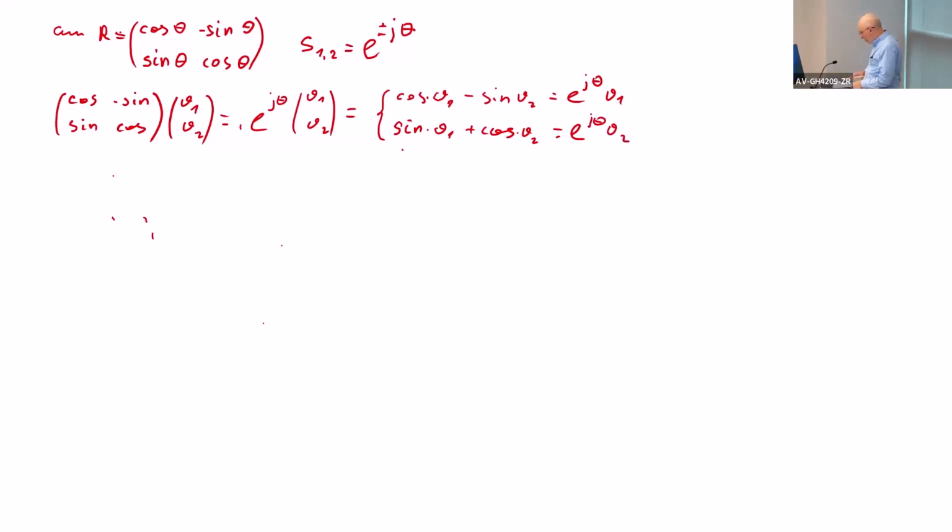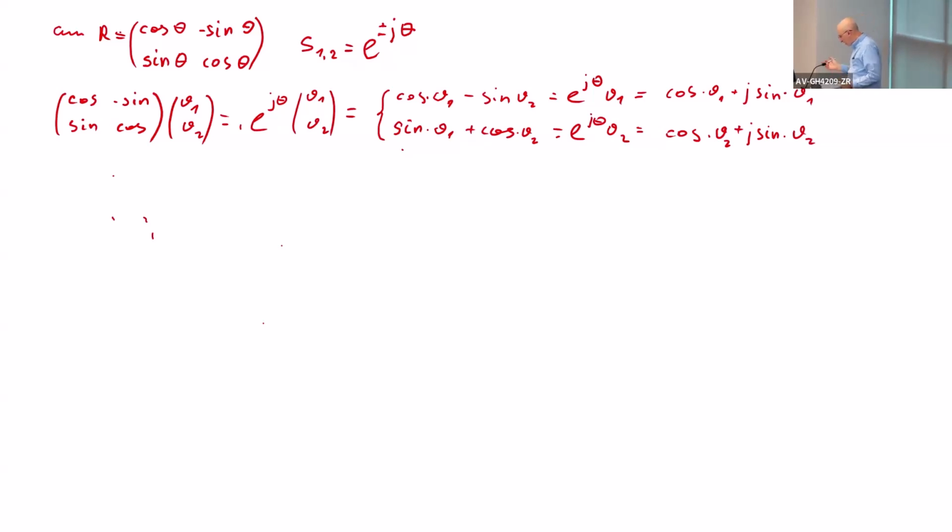Right. Now we need to solve that system of equations. So exponent of j theta is from Euler's theorem. You can write that as cosine times v1 plus j sine times v1, and this one is similarly cosine times v2 plus j sine times v2.